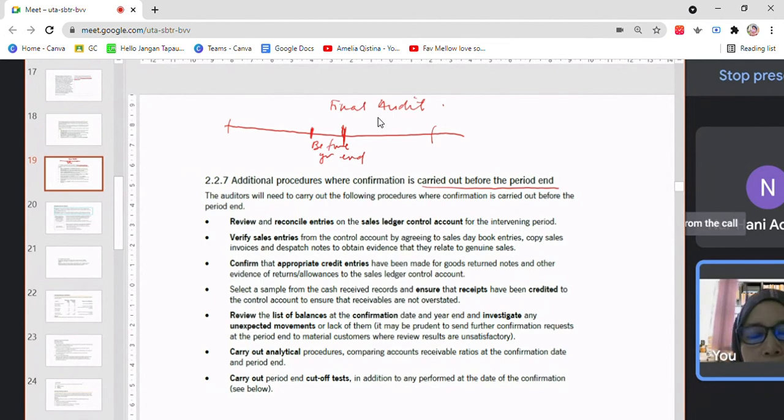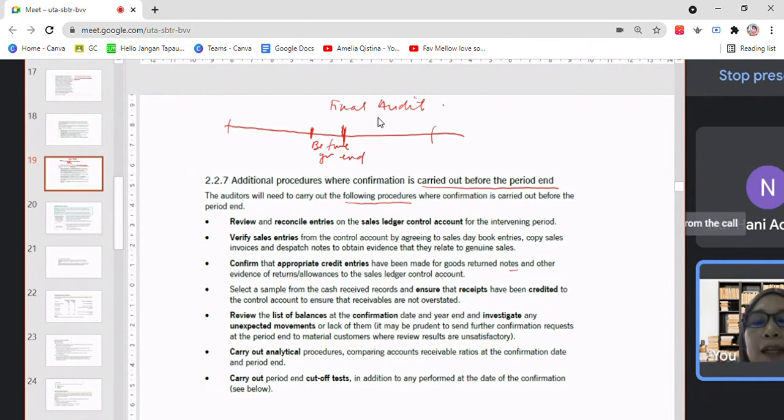Because it happened before year end, you need to have more audit procedures, and do the following: review and reconcile entries on the sales ledger control account for the intervening period, and then verify sales entries from the control account, confirm that appropriate credit entries have been made for goods returned notes, and evidence of returns or allowances to the sales ledger control account.